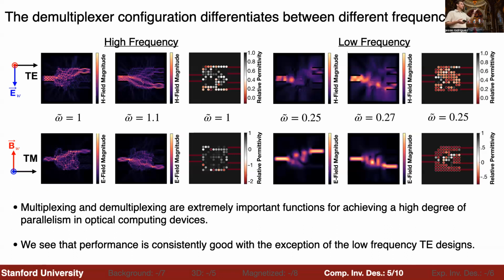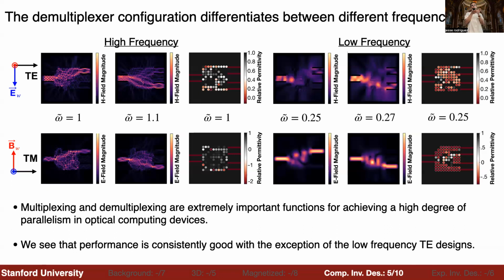So in general, the reason why we chose demultiplexing is because it's actually a really important function for achieving a high degree of parallelization or parallelism in optical computing devices. That's one of the advantages of optical computing devices, that you can encode different information in different frequency bands and then send the same light at the same time through your device.